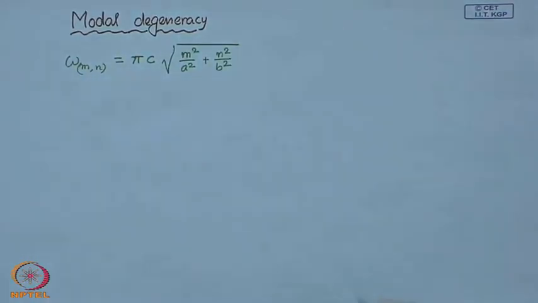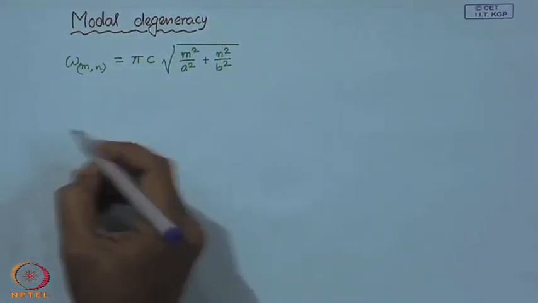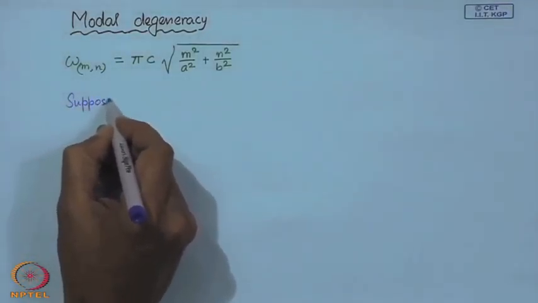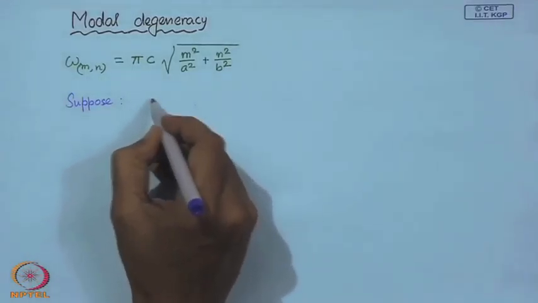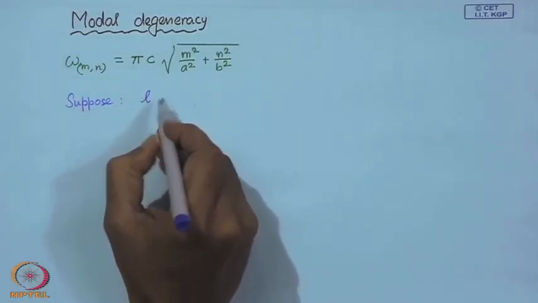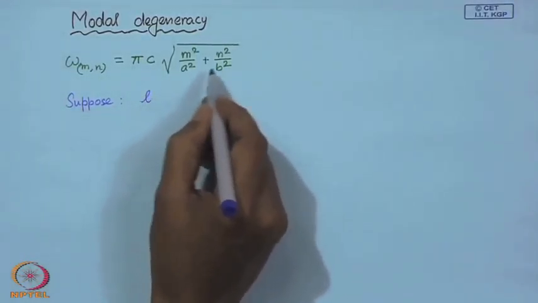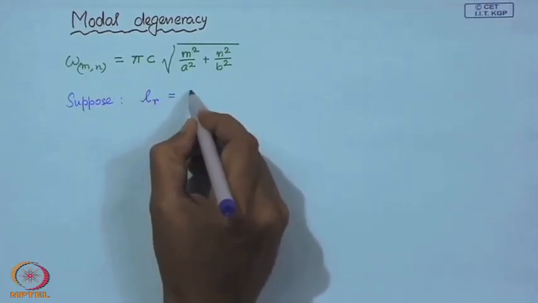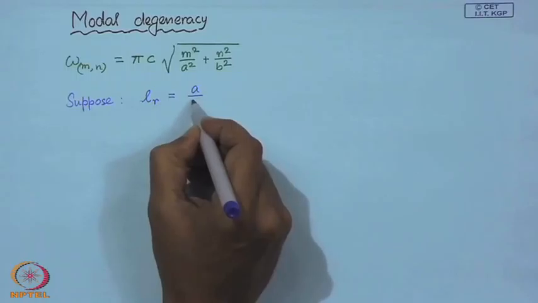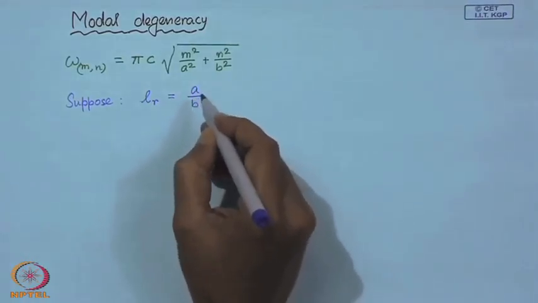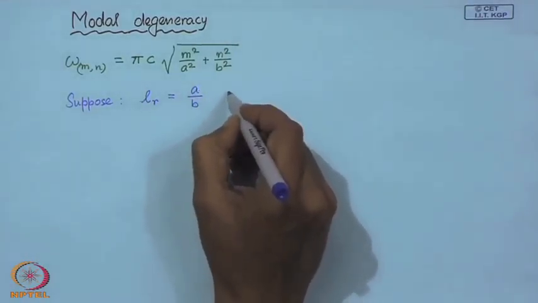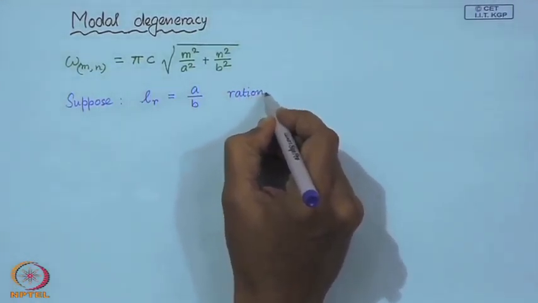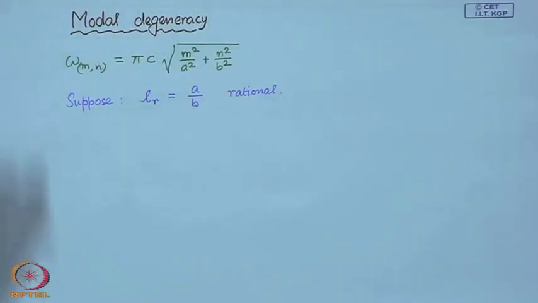Now, suppose you have this ratio A over B, let me call it the length ratio. Suppose this is a rational number.